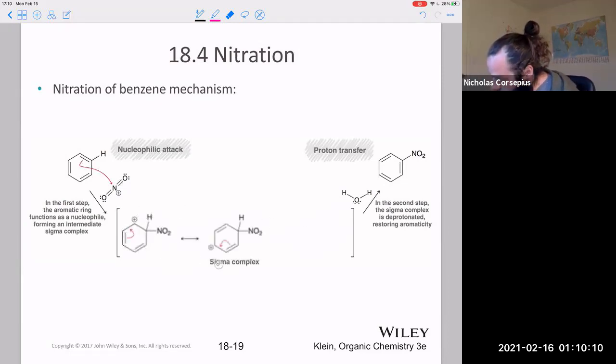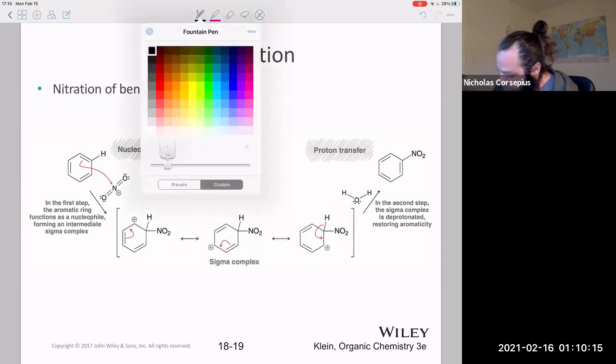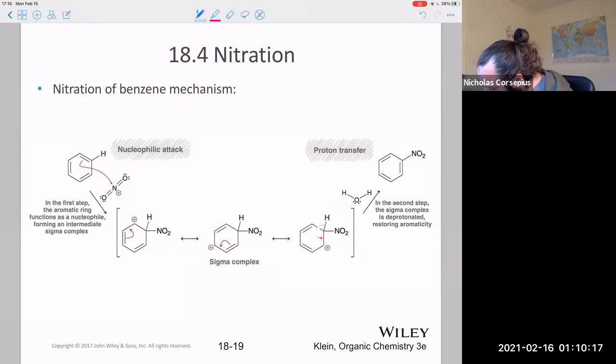My sigma complex, or my resonance stabilized carbocation. And then the last step is you have some base. In this case, it's water. So notice that in both of these reactions that are catalyzed with these acids, the base is being played by water because these are aqueous solutions. It's going to come and grab that proton, allowing that pair of electrons to come down and reform that aromatic ring.